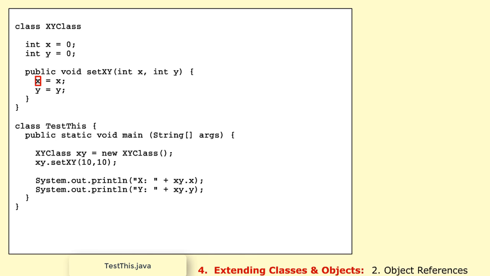That's because this x and this y are not pointing to the instance variables x and y. But we can access the instance variables by referencing the variables using this. Now this x correctly references the object attribute, while this x is the local parameter variable.